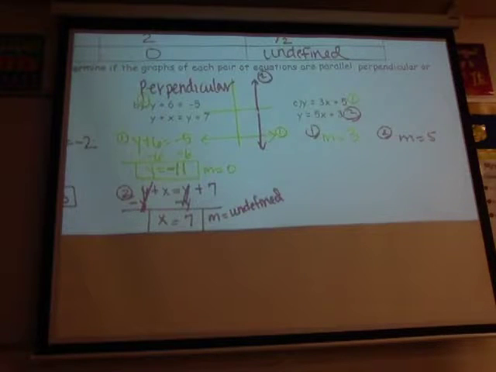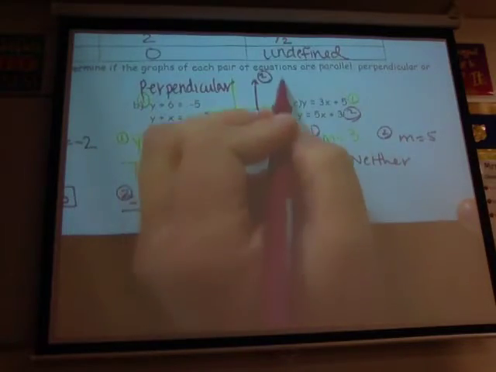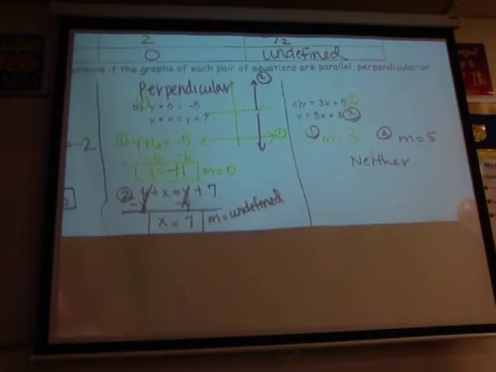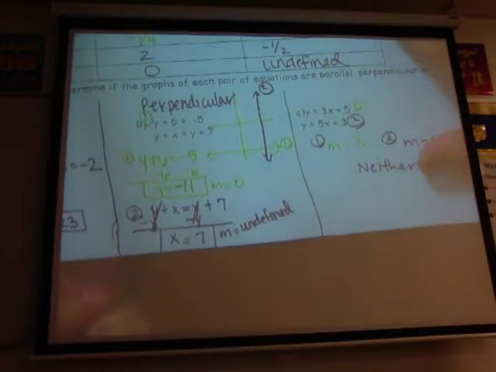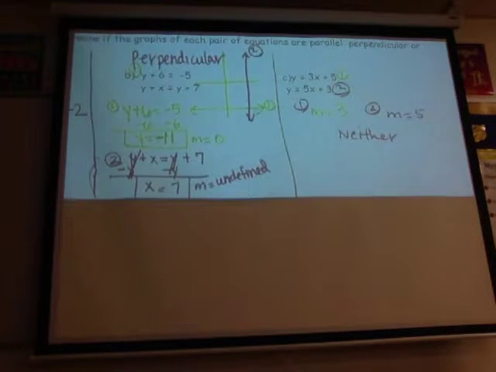Not related. I do not care if you put not related, neither, none, whatever you want to do, as long as you know they're not parallel, they're not perpendicular. Let me ask you this, will they still intersect? Yes, they will. Two lines will always intersect unless they're parallel. Okay? Question.